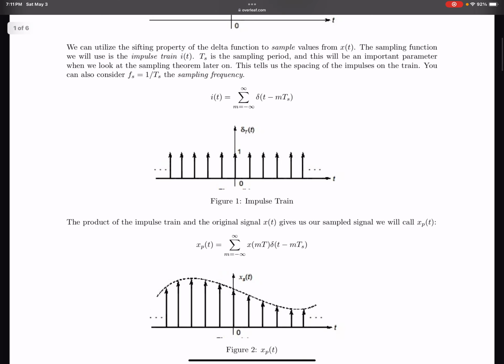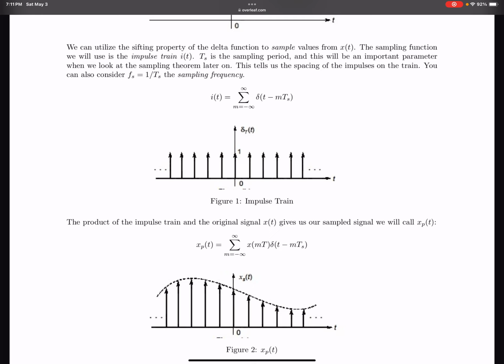We can utilize the sifting property of the delta function to sample values from this continuous function x(t). The sampling function that we're going to use is the impulse train, as it's called. We're going to call it I(t). We have some control over this impulse train, mainly the sampling period. It's essentially the spacing between these unit impulse functions.